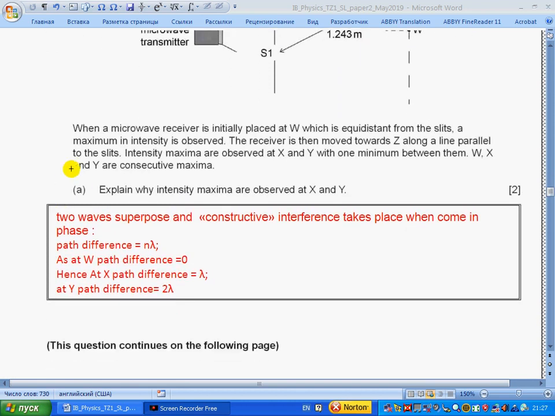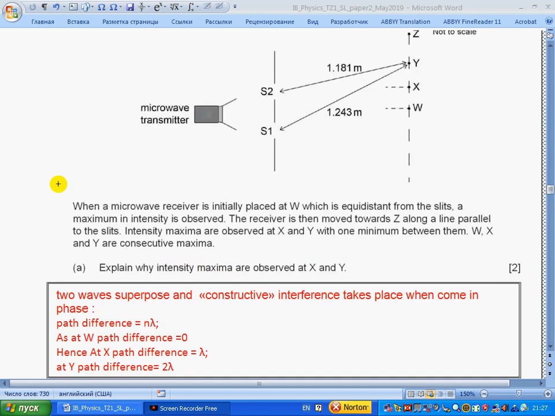A. Explain why intensity maxima are observed at X and Y. Two waves superpose, and constructive interference takes place when they come in phase. So for constructive interference, path difference should be n lambda.